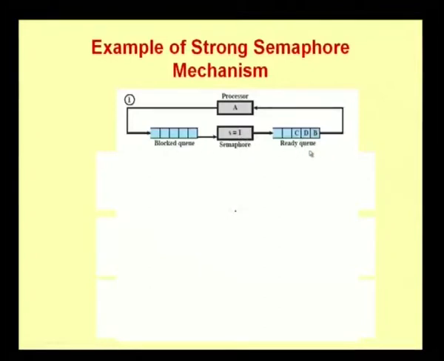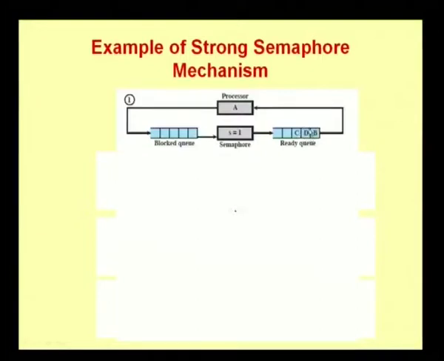In this example, there are the processes A, B, C and D. Let us assume process D is producing some output and this output is being consumed by A, B and C.